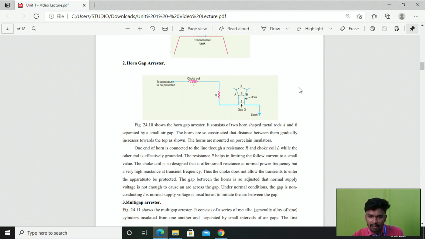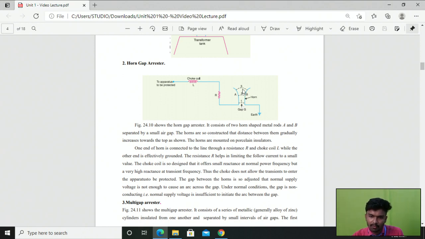The horns are so constructed that the distance between them gradually increases towards the top, as shown in this diagram. Here we have some spacing between these two metal rods. At position 1, the distance between the two metal rods is less, but at position 2, the distance between the metal rods A and B somewhat increases compared to position 1.